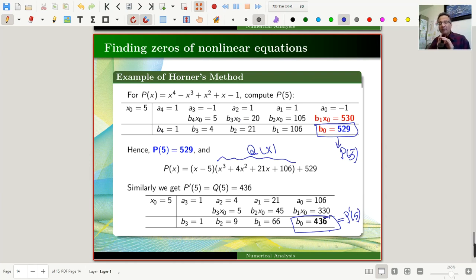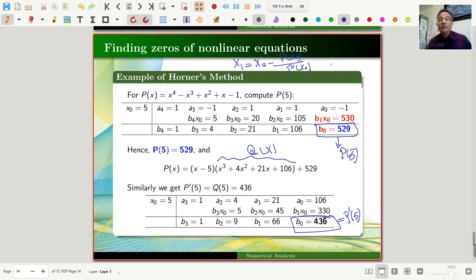Now you have p of 5 and p prime of 5. So if you want to implement an iterative method, like for example Newton, you have p of x0 and p prime of x0. So you can find x1 by this equation: x0 minus p of x0 over p prime of x0.